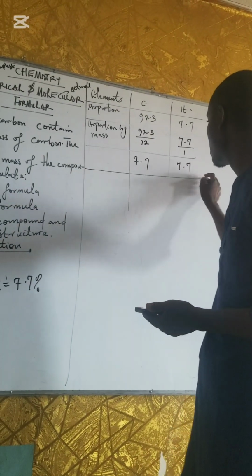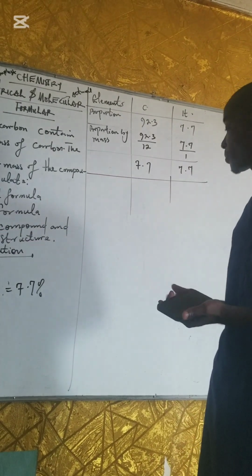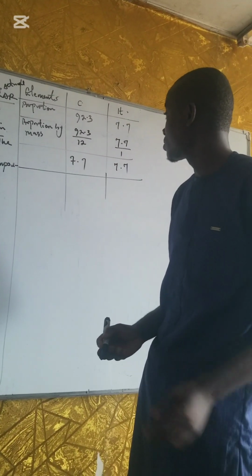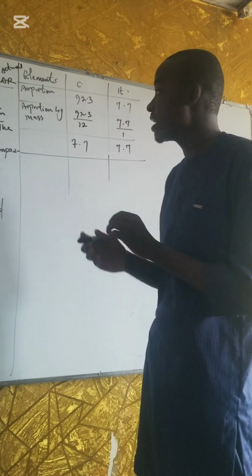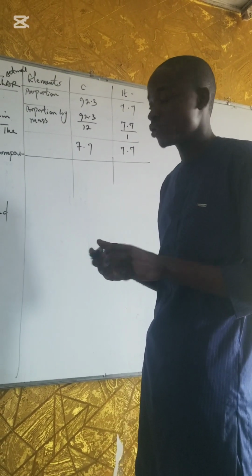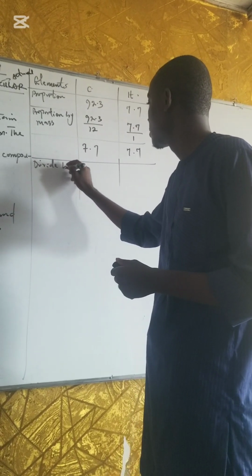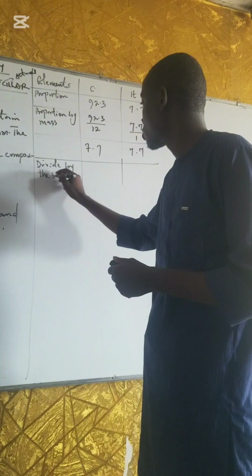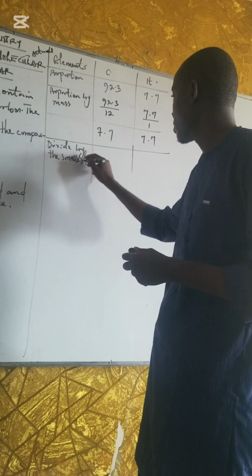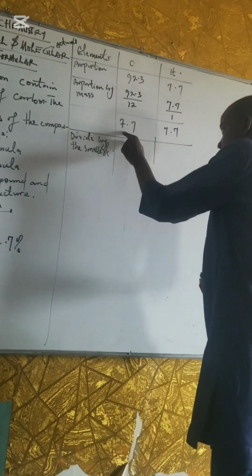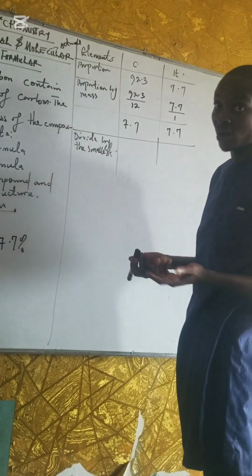So after you have gotten your proportion by mass, the next thing you are going to do is to divide by the smallest. So as you can see, we have 7.7 and 7.7, which are of the same value.